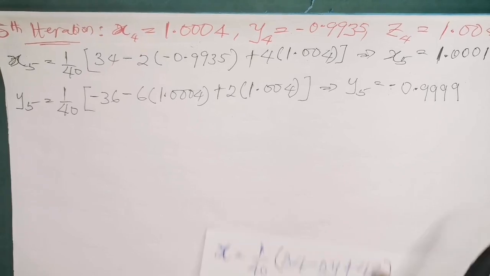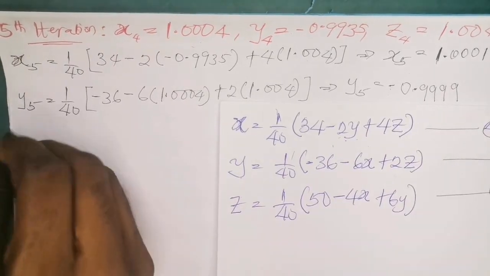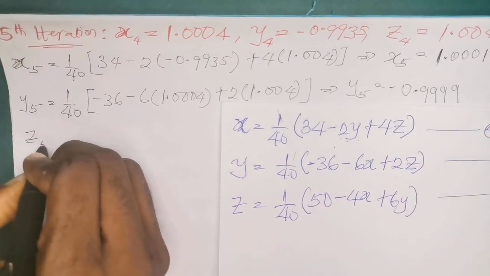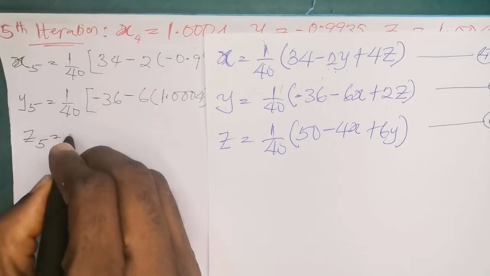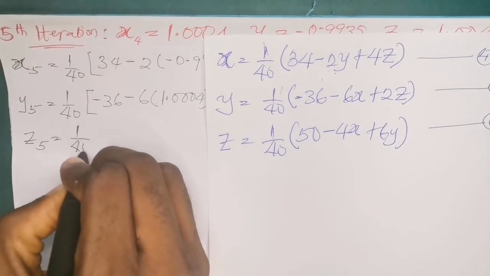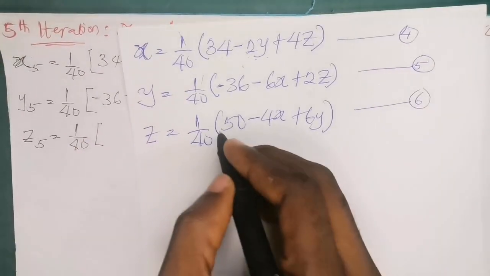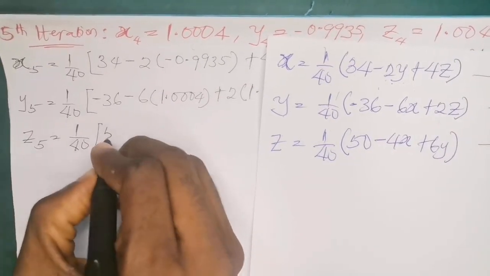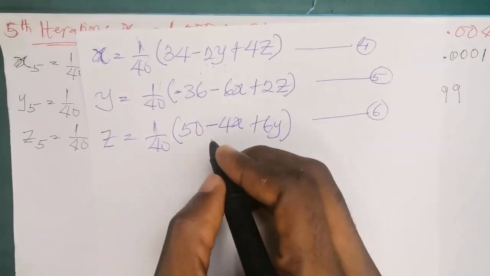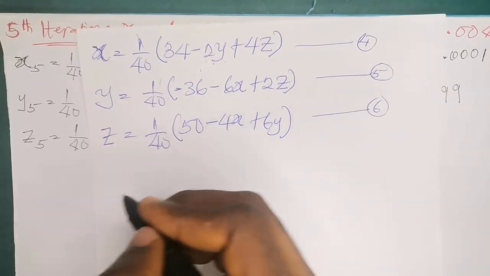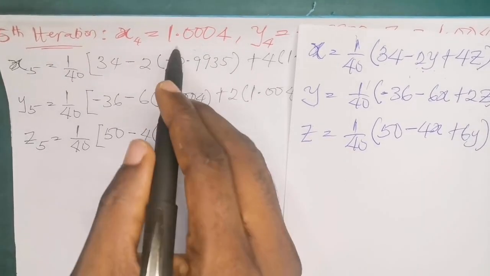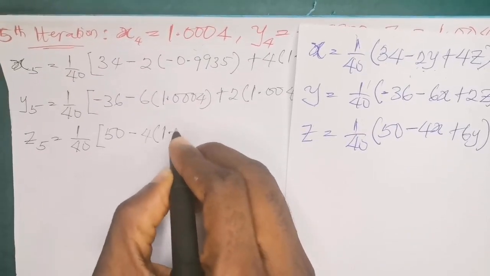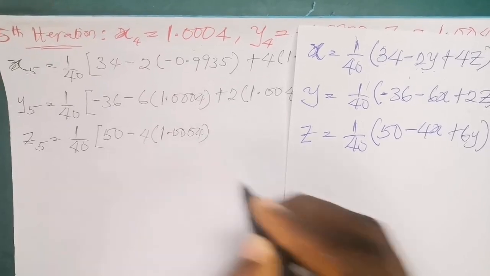Now let's try finally for z5. z5 is going to be equal to, once again, 1 over 40, multiplying by 50, next we have minus 4x. x now becomes x4. That is minus 4 times x4, which itself is 1.0004.